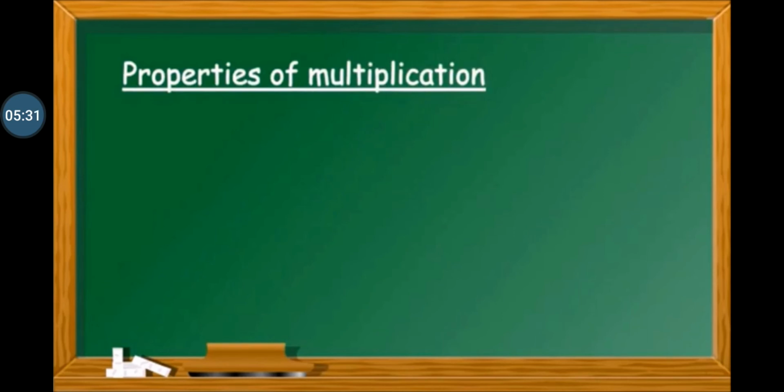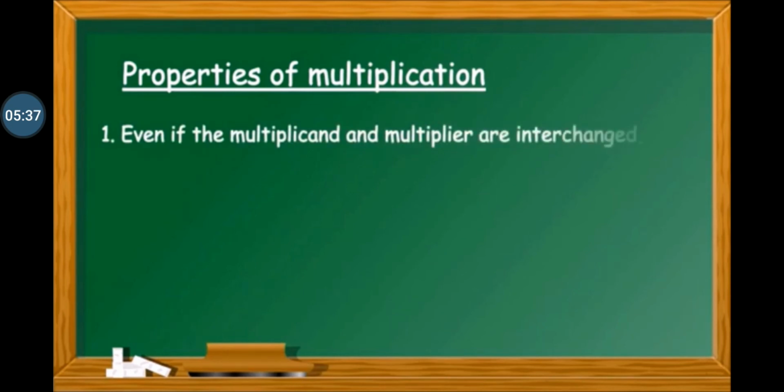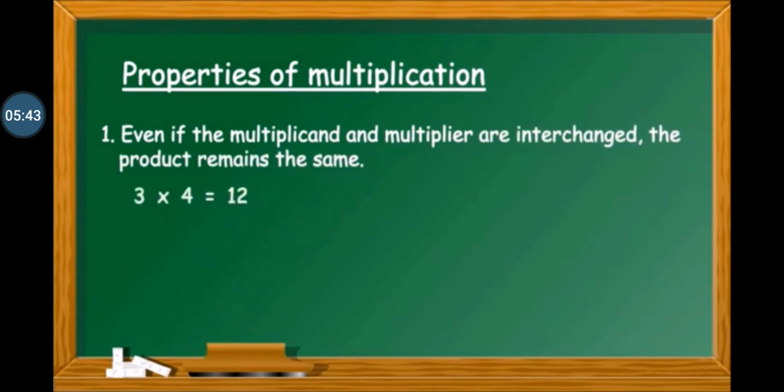Now come towards the properties of multiplication. The first property is, even if the multiplicand and multiplier are interchanged, the product remains the same. Like here in this example, the multiplicand is 3 and the multiplier is 4 and the answer is 12.